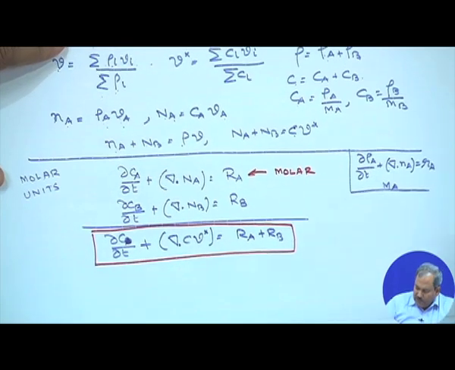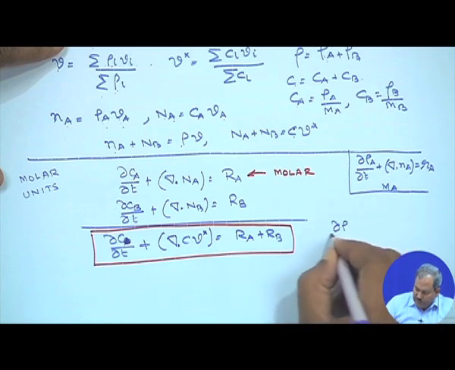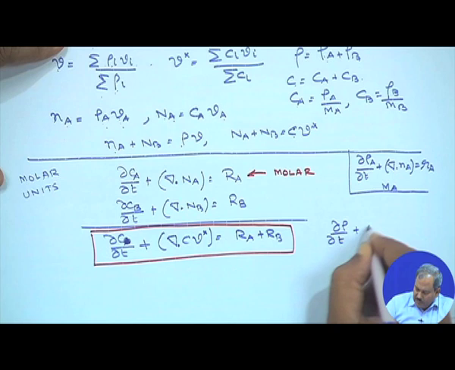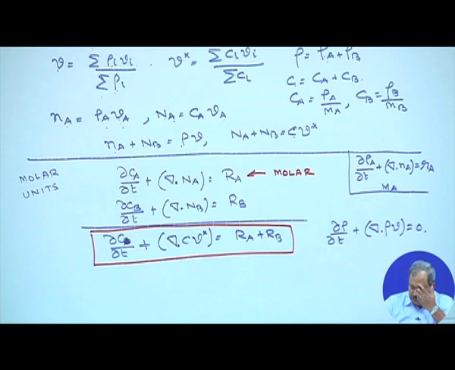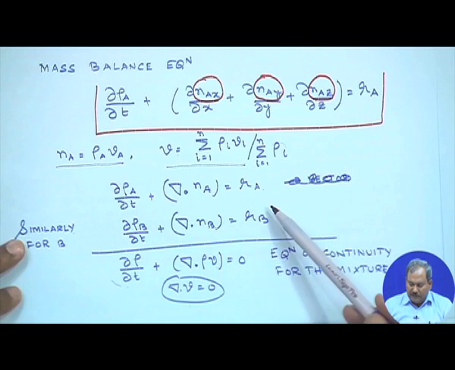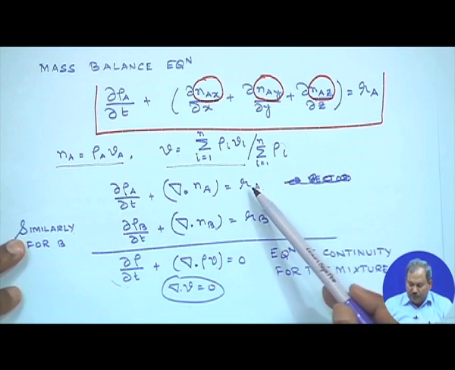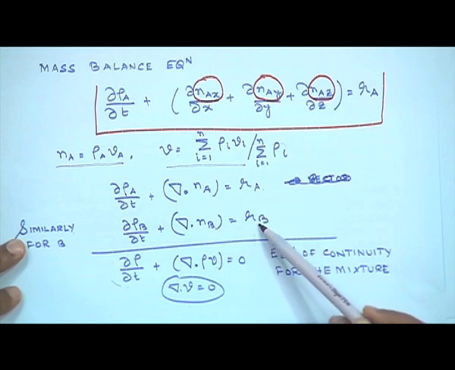Now, compare the difference between the two equations when we express this in mass terms. This was equal to 0. This is the expression which we have obtained. If it is a two component system, the mass of A produced must be equal to the mass of B which is consumed.